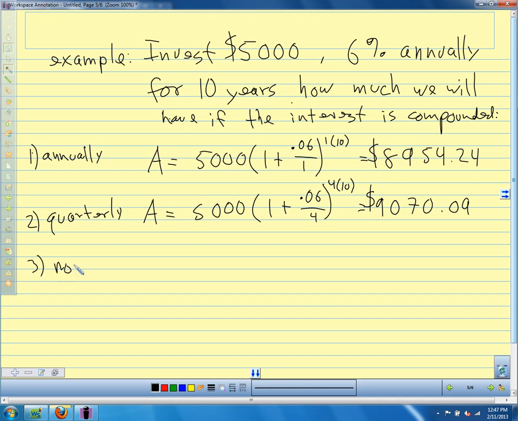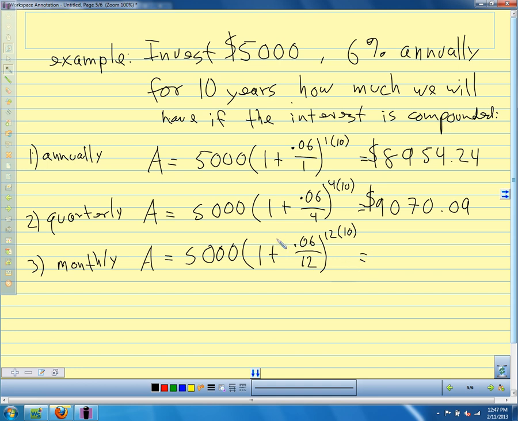How about, let's calculate monthly. So my principal is still 5,000. 1 plus 0.06 is still my rate. Monthly, how many times do I compound per year? 12. And I have 12 times 10. My time is still 10 years.